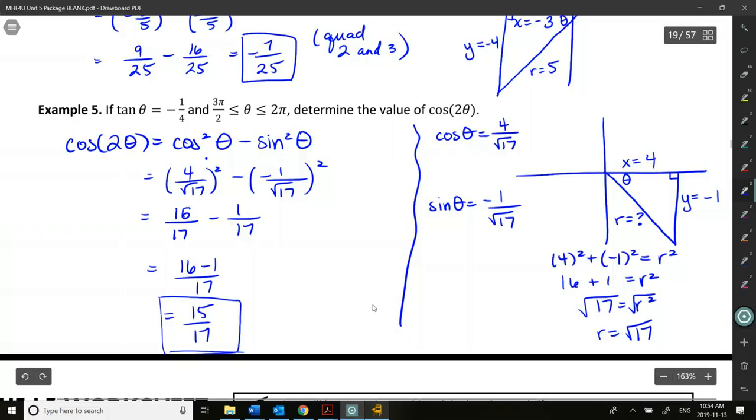We didn't solve for theta, though. We solved for cos 2 theta. That's cos of theta, and this is cos of 2 theta. So you can't plug this back into an original theta because we didn't actually solve for the angle itself.